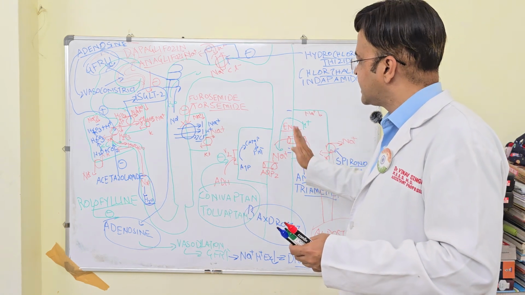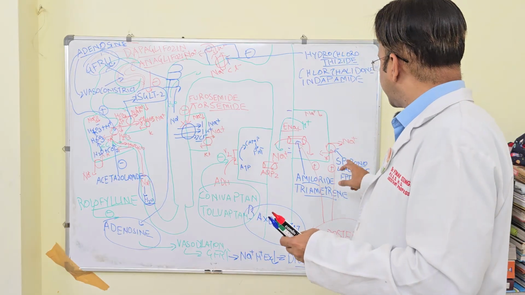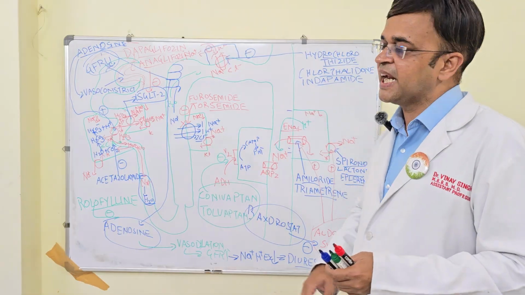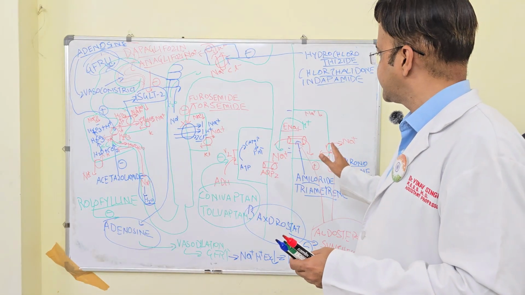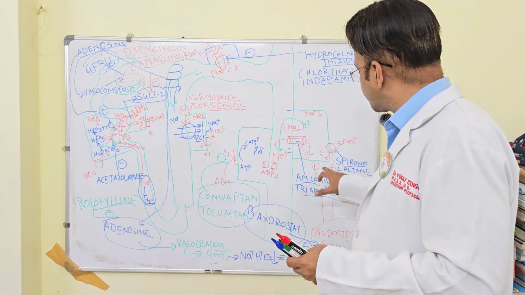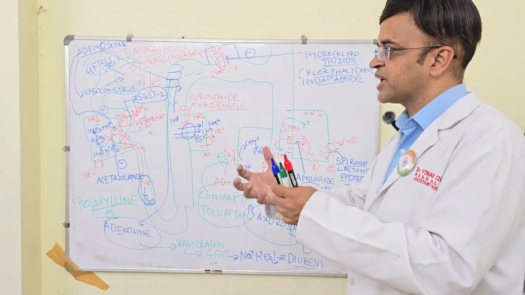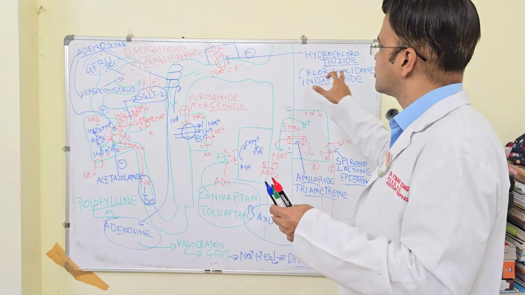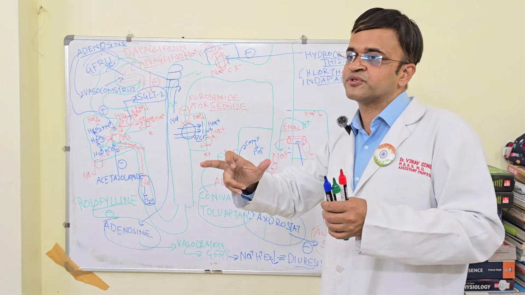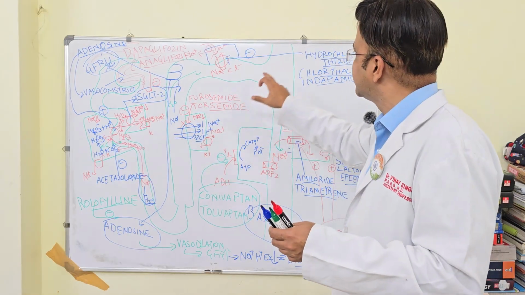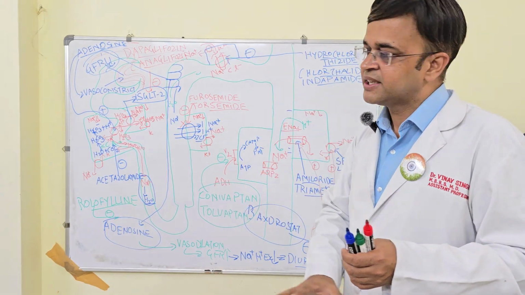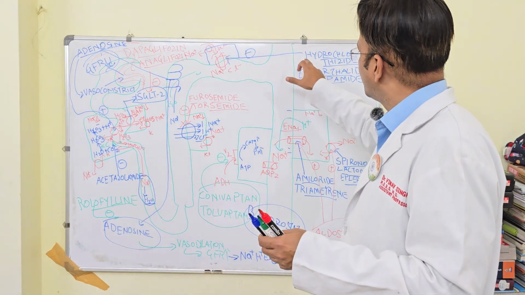Amiloride and triamterene directly block the ENaC channels, and spironolactone and eplerenone block your sodium potassium ATPase pump. These two drugs, amiloride and spironolactone, are potassium sparing diuretics, but furosemide and hydrochlorothiazide lead to loss of potassium. So in any chronic therapy of furosemide and hydrochlorothiazide, you have to supplement with potassium.